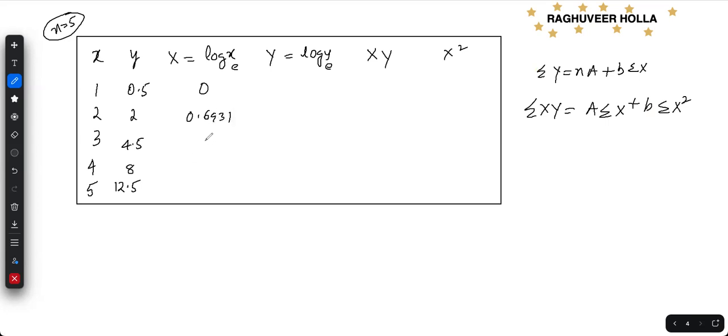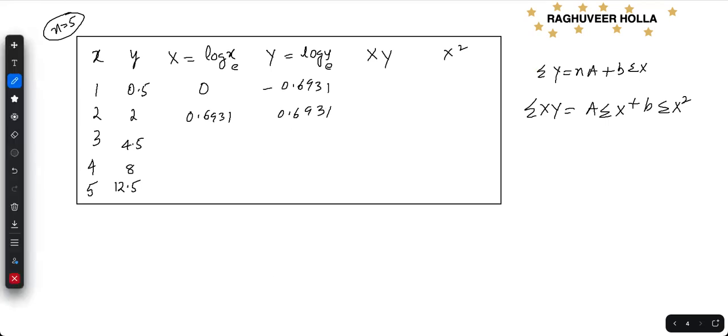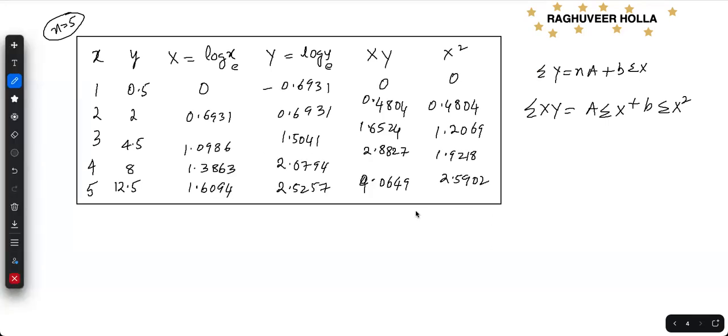Please calculate all this, and I'll just write it down. Log 0.5 will be minus 0.6931. Here, you can check your answers.